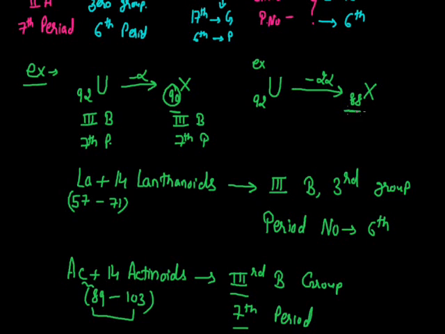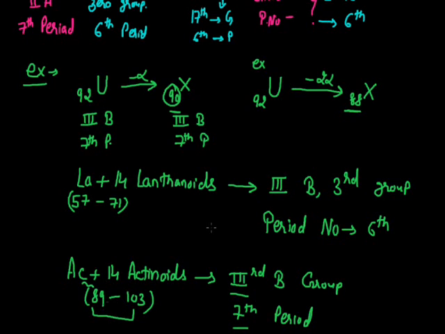Now this 88 is not a part of this range. It doesn't come in the range of the actinoids, nor in the range of the 14 lanthanoids. So now we can decide the position of this X nucleus, since it is 1 lesser than the range of these 15 elements.